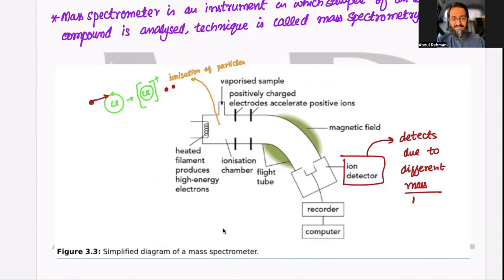That's what we did initially, but this depends on mass over charge. So these are two different things. So the ion detector detects each particle due to its mass over charge ratio, and then it is able to further count how many of them there are, so we will get the percentage abundance.